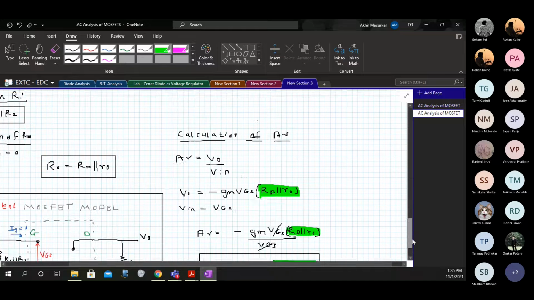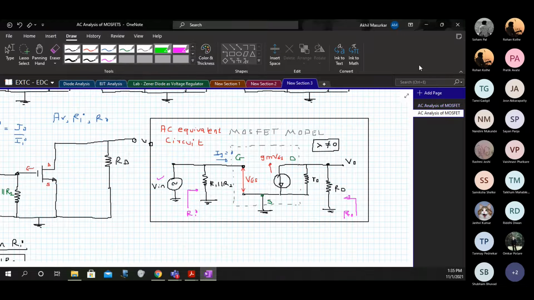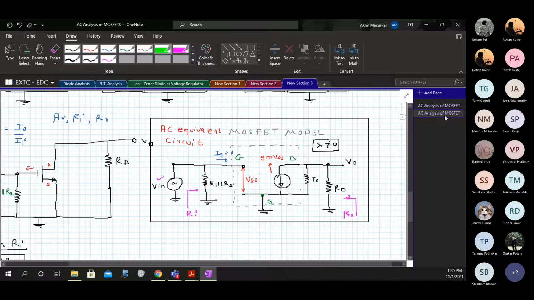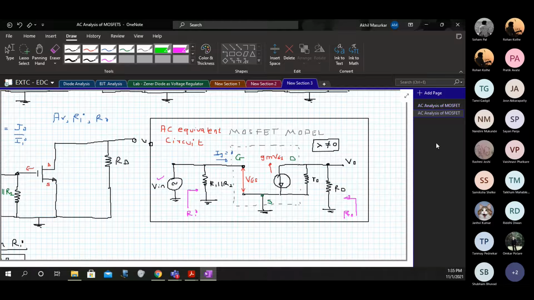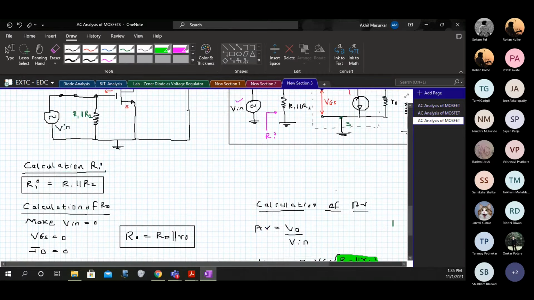Now let's say that if R0 is not there, like lambda is equal to 0, there is no R0 and there is RL. So this will become RD parallel with RL. This thing will become RD parallel with RL. So as an example, I'll just show you again.